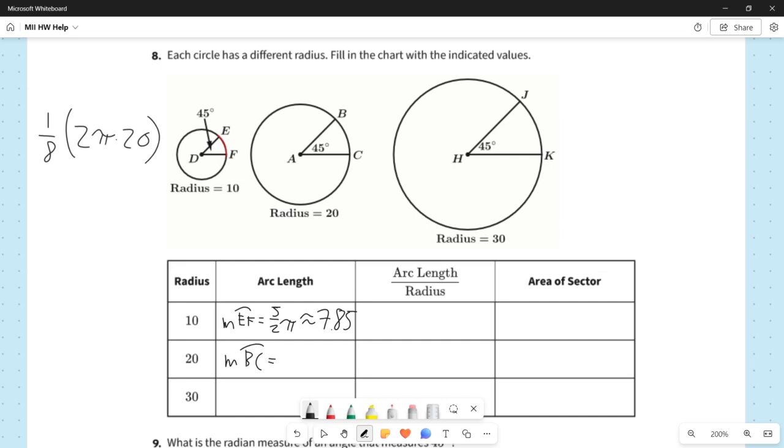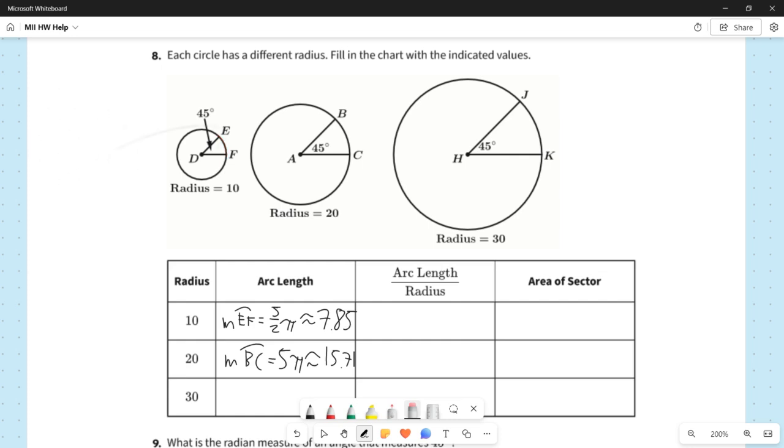If I do 1/8 times 2 times 20, I actually get 5. And pi is still there. So my exact answer is 5 pi. And if I approximate this, I get 15.71. So that's my approximate arc length.